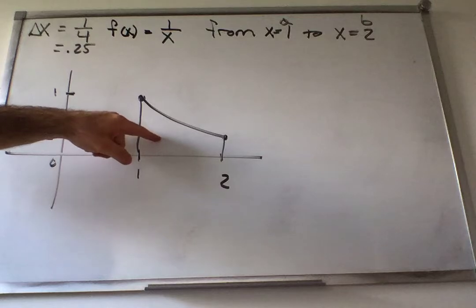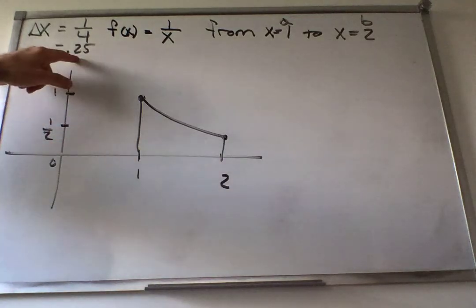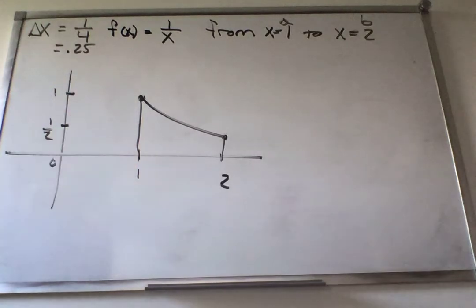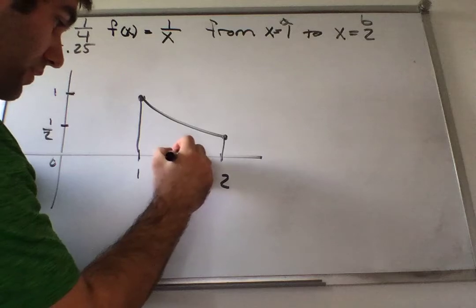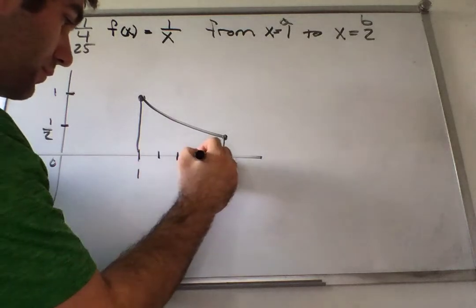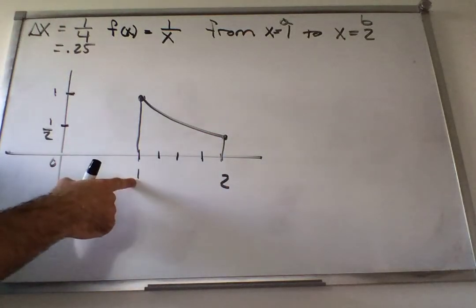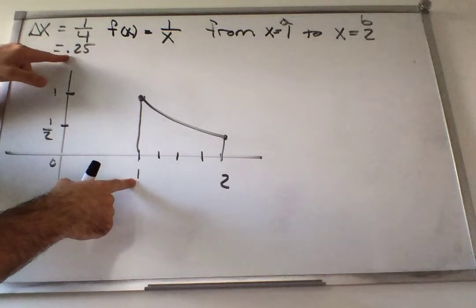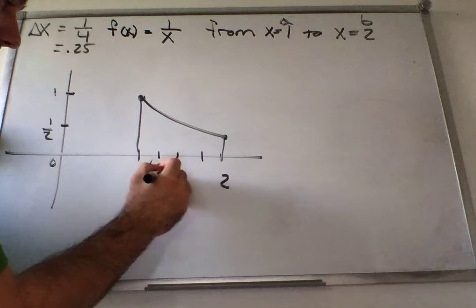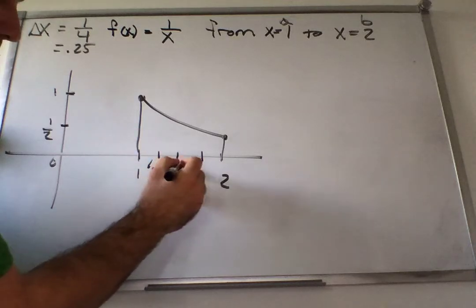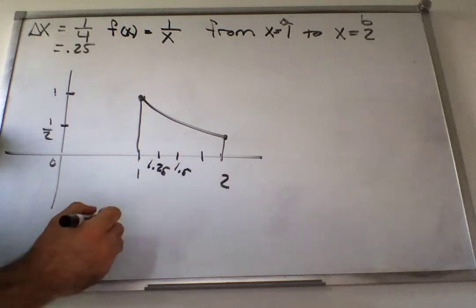Now, we're going to split it up into 4 equal intervals. Every interval is going to have a width of 0.25. So splitting this into 4 equal parts, you start at 1. If I add delta x to it, 1 plus 0.25 is 1.25. Adding another 0.25, you get 1.5.